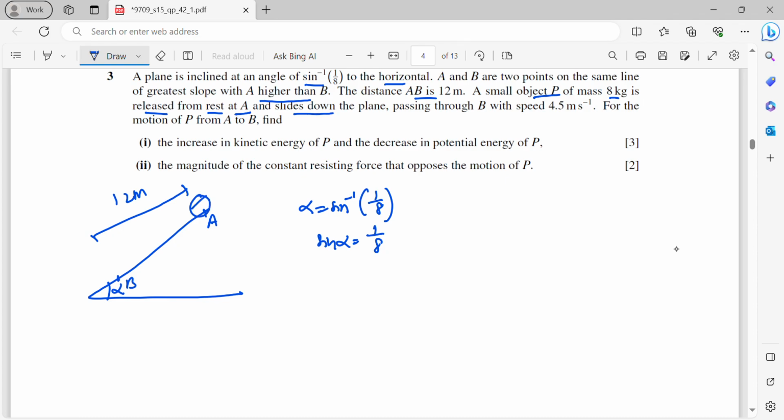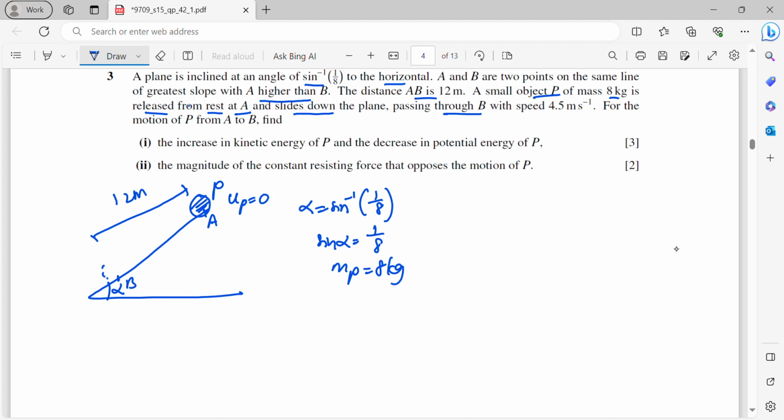Since this is released from rest at A, that means the initial speed is 0. Then the mass of P is 8 kilograms. Now, passing through B with speed 4.5 meters per second.